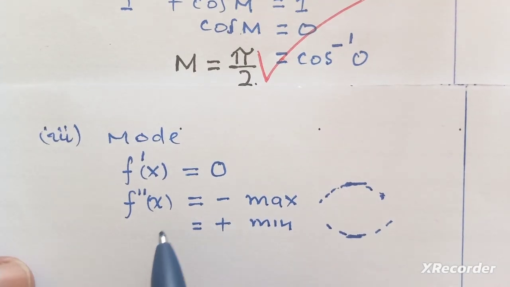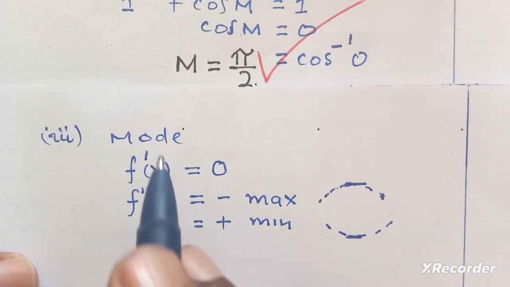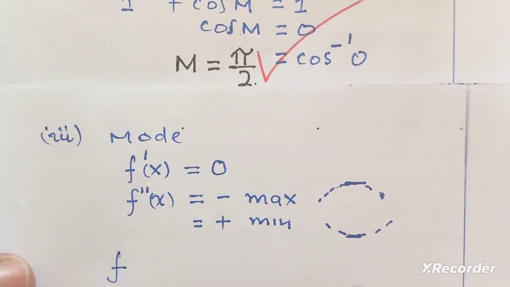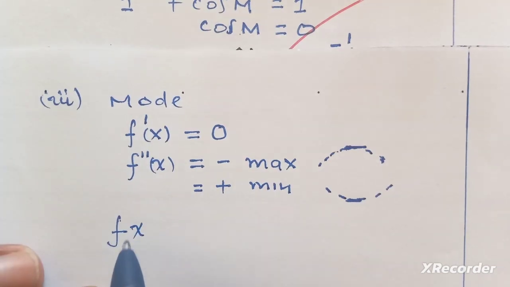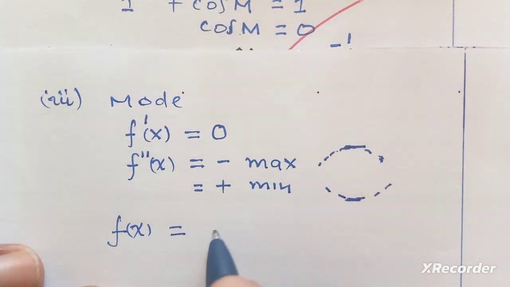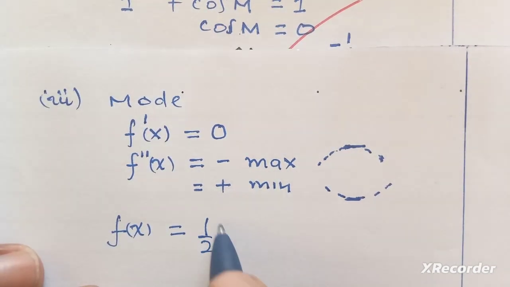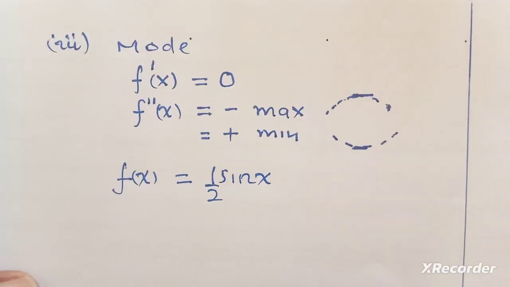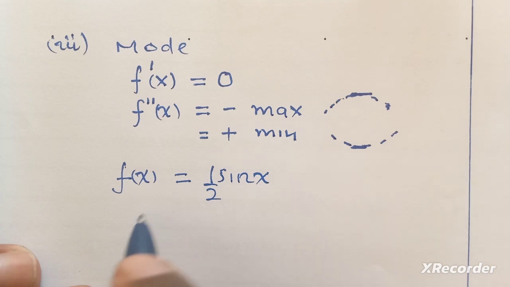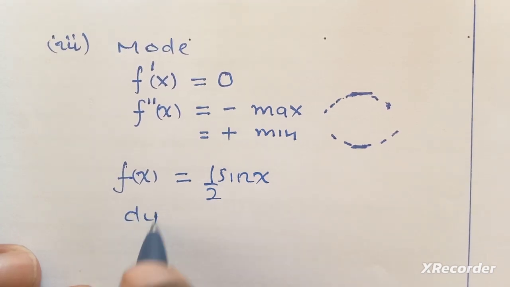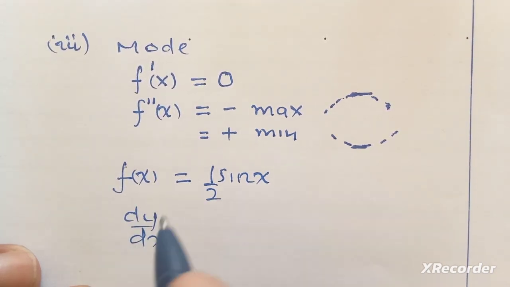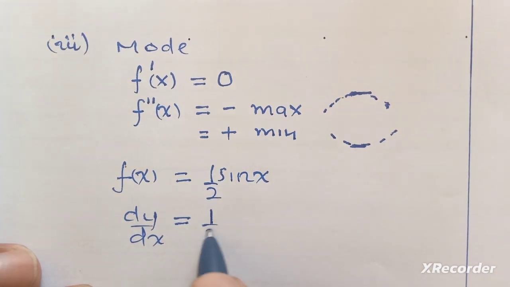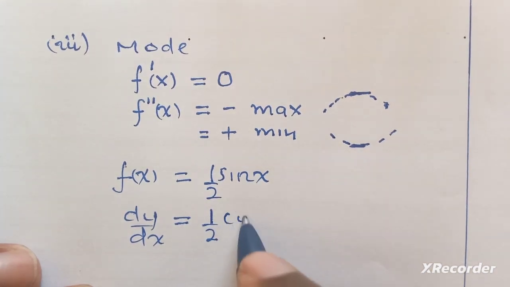And the equation is, we have f x given by a half sine x, and so dy dx will be equal to a half cos x.